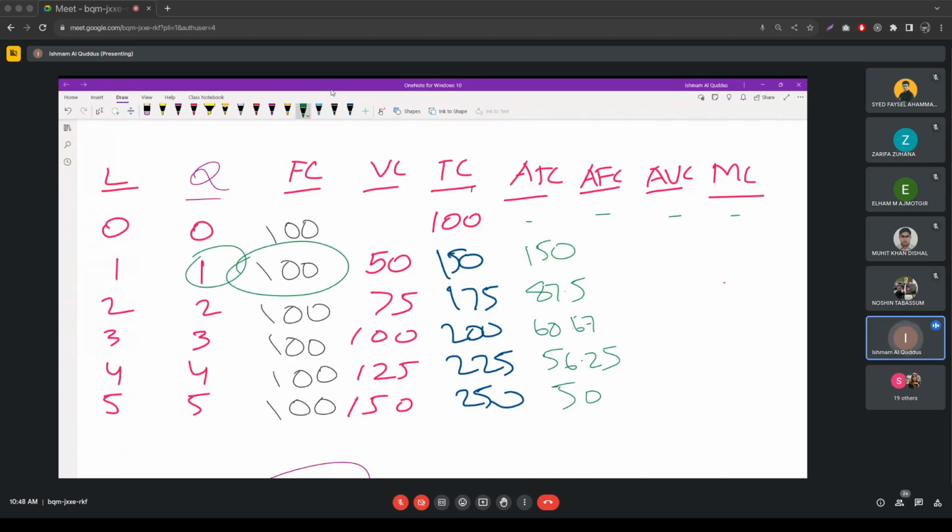What about the marginal cost? How do we calculate the marginal cost? So for this one, the marginal expense would be what? Sir, 150 minus 100 divided by 1 minus 0. 50 divided by 1.